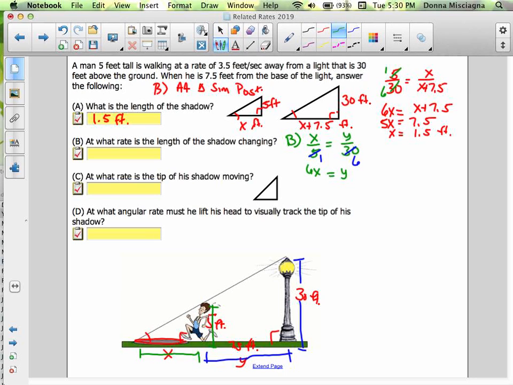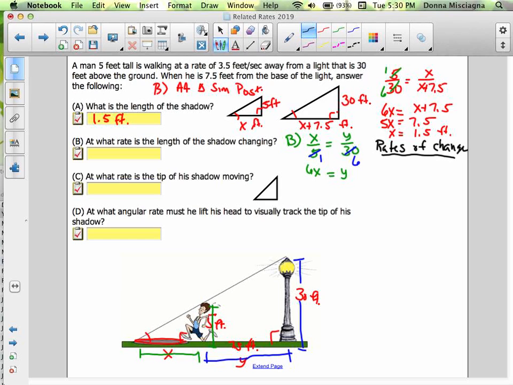All right, so now that we have the equation, now we can differentiate. Before we take the derivative, let's talk about our rates of change. There's a reason we're taking the derivative, we want to find a rate of change. And we know a rate of change. We know that the man is walking at a rate of 3.5 feet per second away from the light.